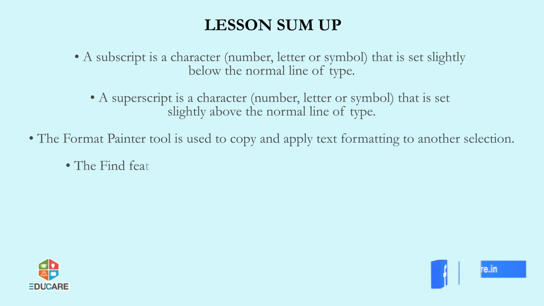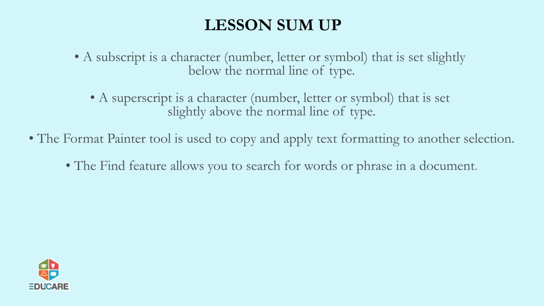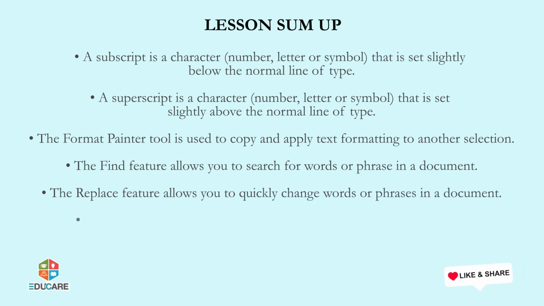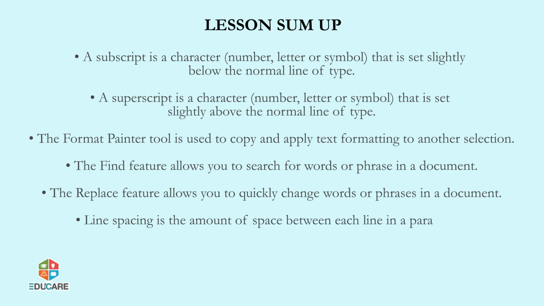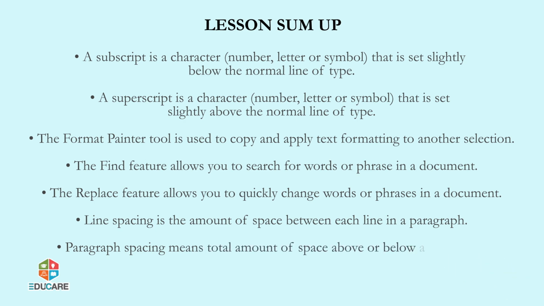The Find feature allows you to search for words or phrases in a document. The Replace feature allows you to quickly change words or phrases in a document. Line spacing is the amount of space between each line in a paragraph. Paragraph spacing means the total amount of space above or below a paragraph.